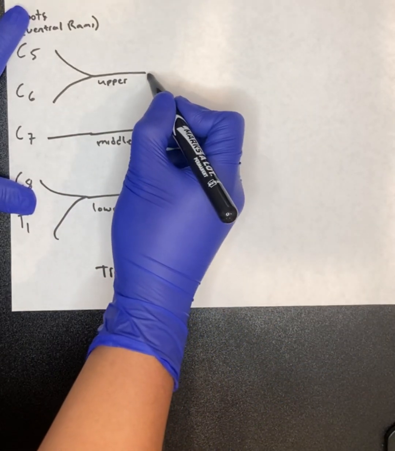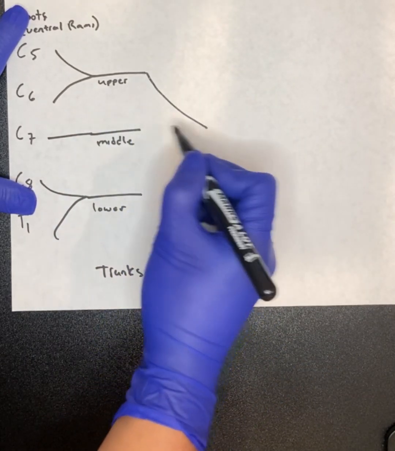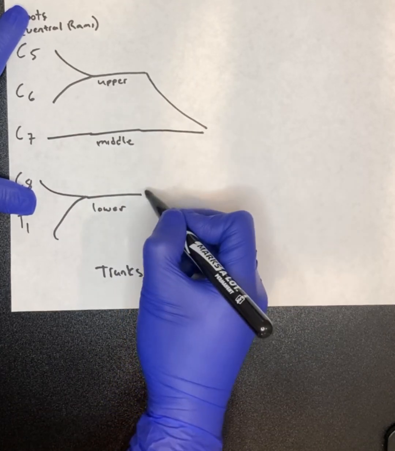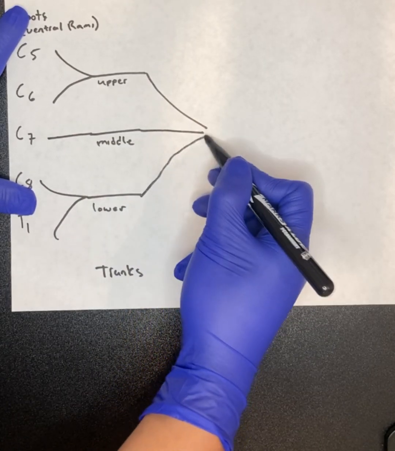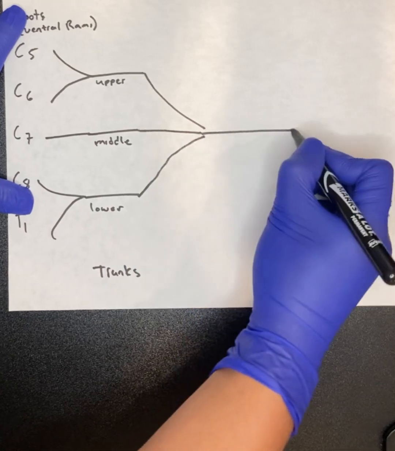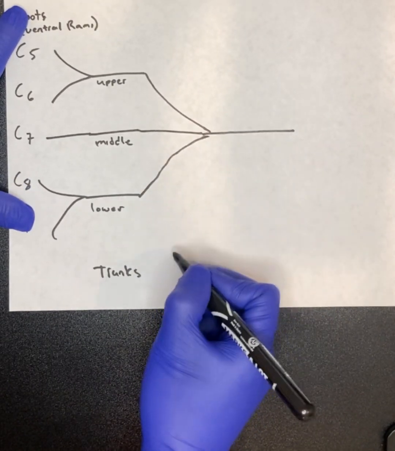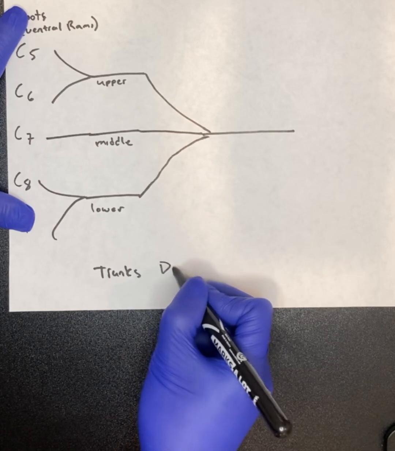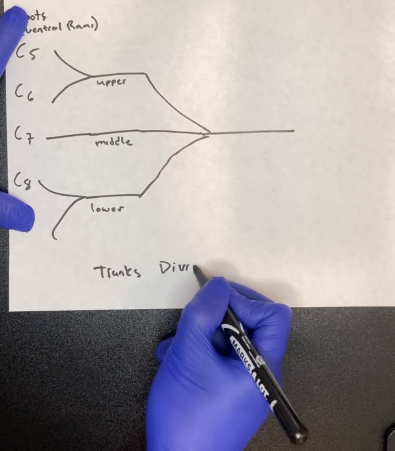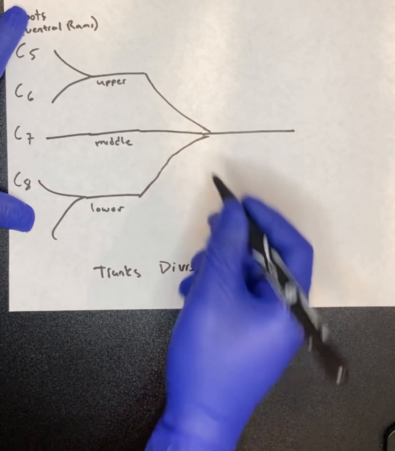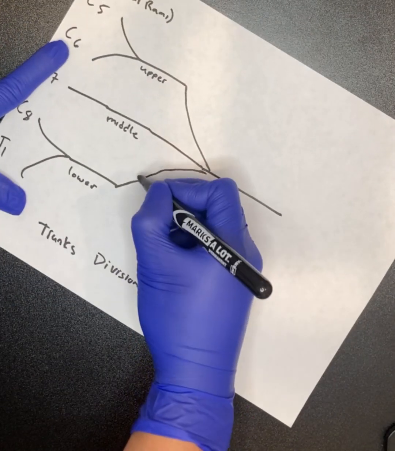Next, we will draw one line from the upper, from the middle, and from the lower. These 3 lines will form what's called the posterior cord. But here, before I forget, these are the divisions of the brachial plexus.